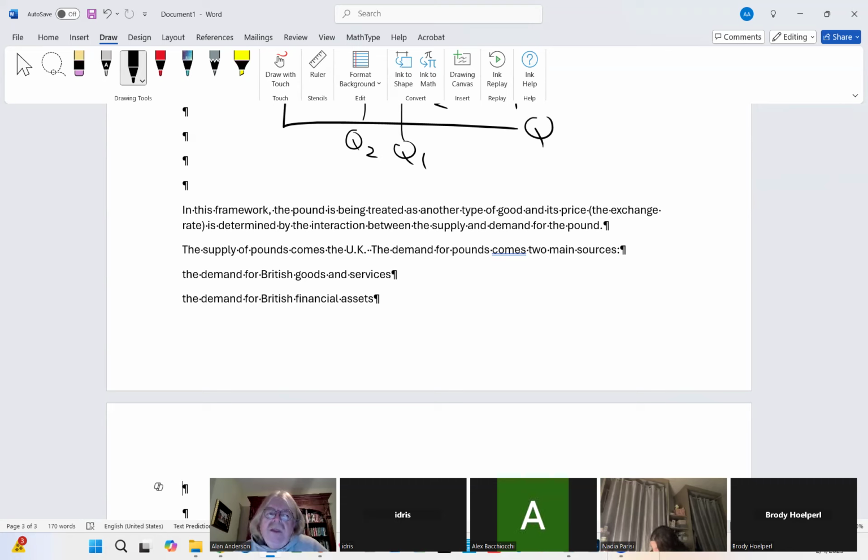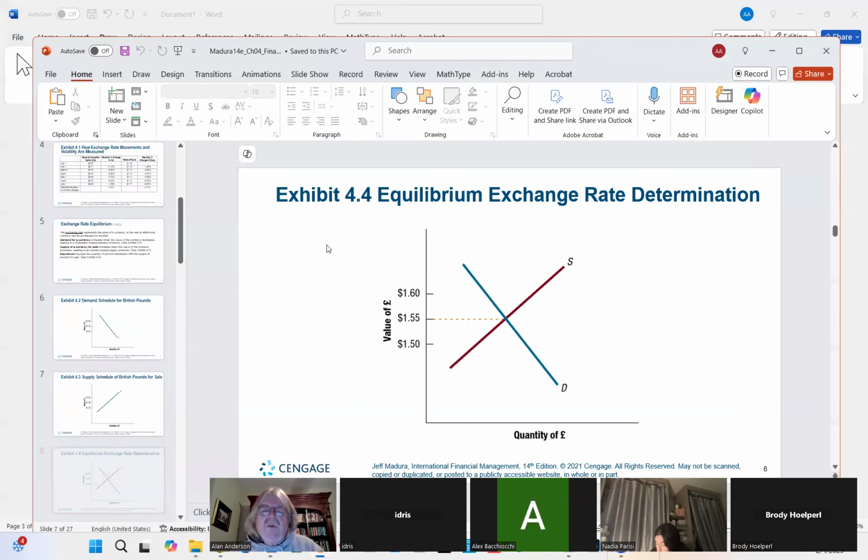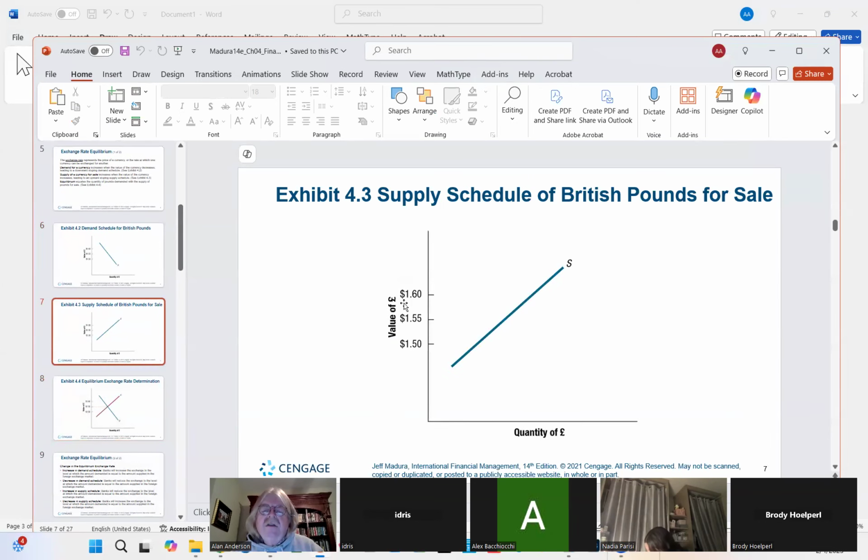This is very different than the supply and demand for onions, because American farmers can make more onions if they have to. But the supply of pounds is coming directly from the UK. So we're setting up this framework where on the vertical axis, you notice how it has the value of the pound.